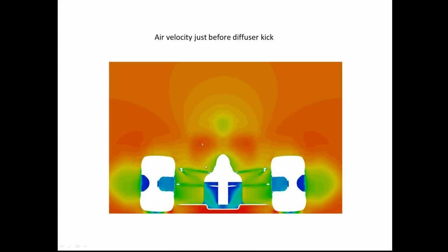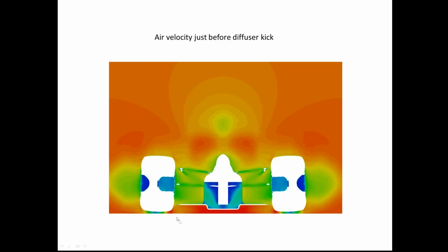And again, another illustration of wake effect and loss of energy downstream. If you look at just a single car, this is a slice through the car at the rear wheelbase level, so cutting through the rear wheels.